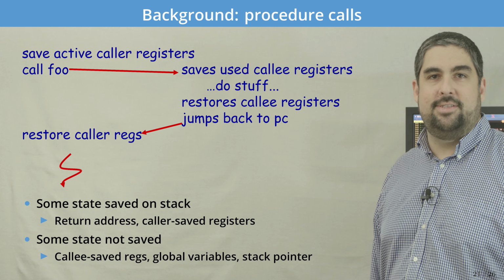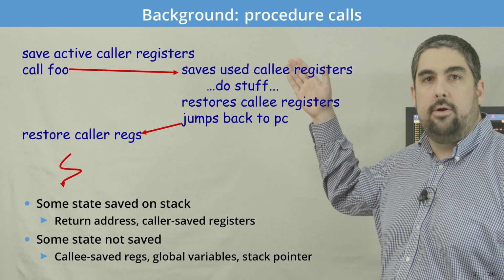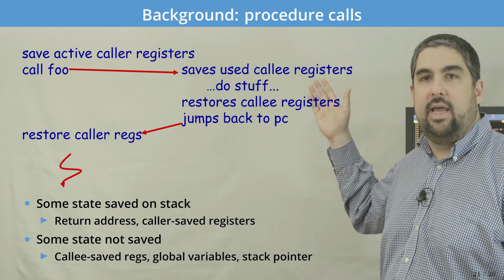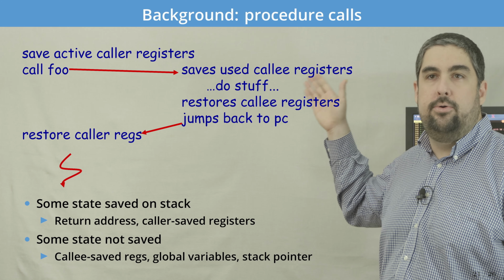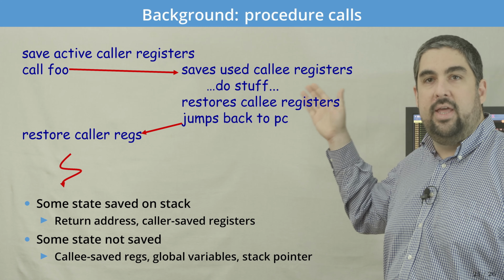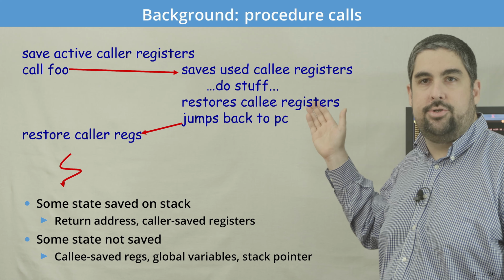So let's put all of this together. When we make a call, the caller is going to save all the caller saved registers. We call a function. In this example, we're calling a function foo. We then save all of the used callee registers that we need. Foo then does its computation and then can restore all of these callee registers.